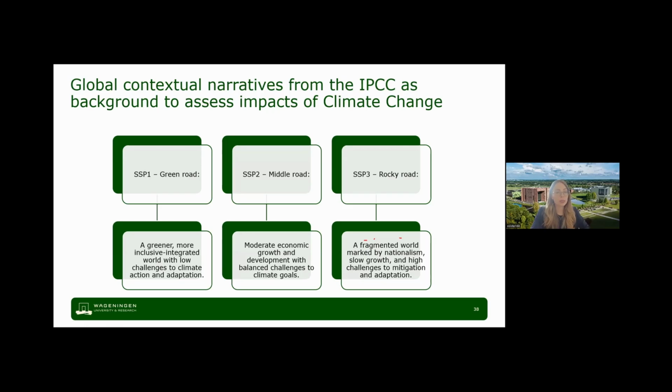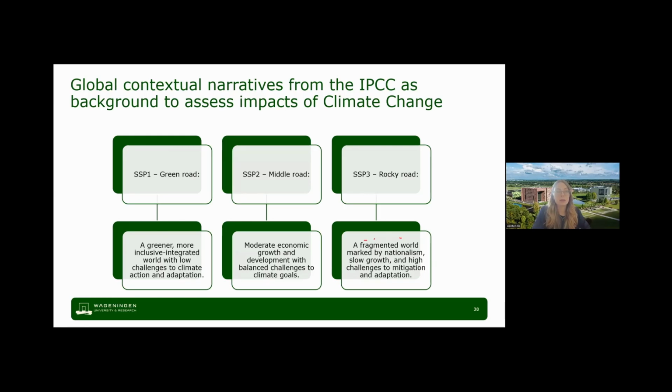So the SSP1 is the green road. This assumes a greener, more inclusive, integrated world with low challenges to climate action and adaptation. There's the SSP2, which is the middle of the road. That assumes moderate economic growth and development with balanced challenges to climate goals.